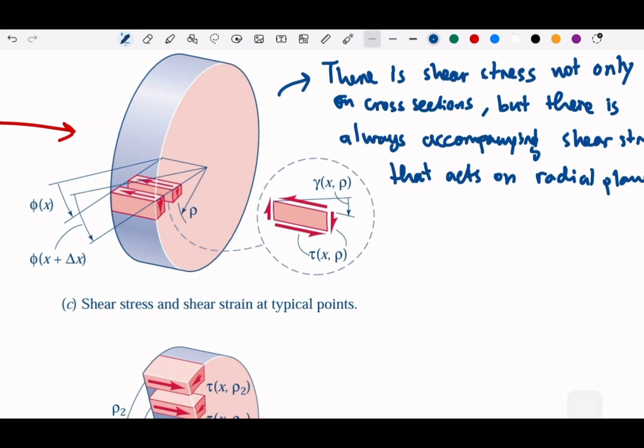So we have shear stress not only in the cross section, but also in the radial planes.